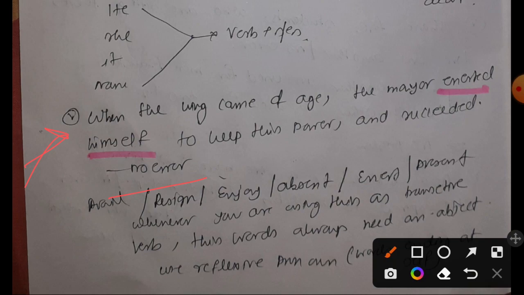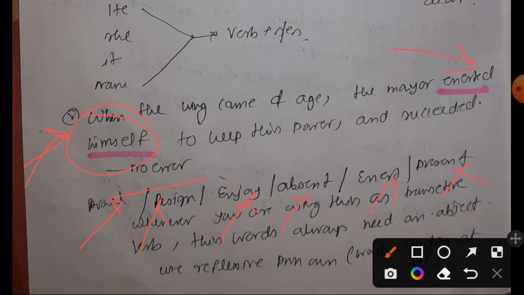Let me tell you that whenever you get words like exert, avail, resign, enjoy, absent, present, there should be a presence of a reflexive pronoun. What is a reflexive pronoun? We will discuss this in our upcoming lectures.